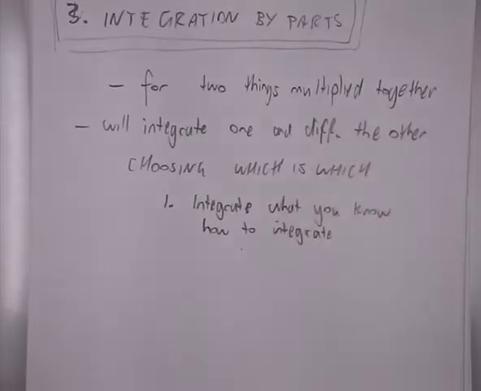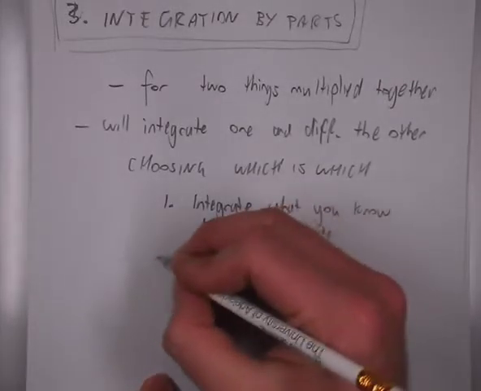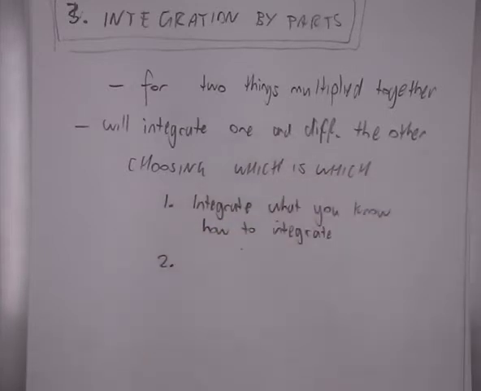In the sense of you have to know how to integrate it by technique 0, basically. You have to actually have a formula for it. And 2, differentiate the one that will disappear eventually if you differentiate it often enough. That's the other idea.